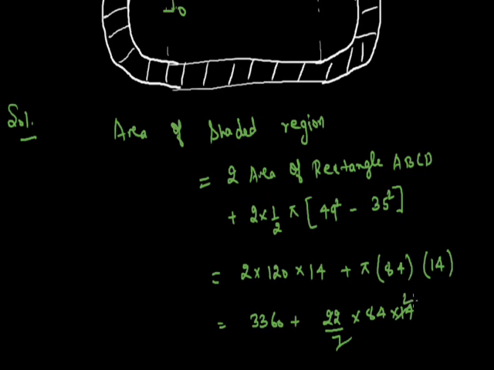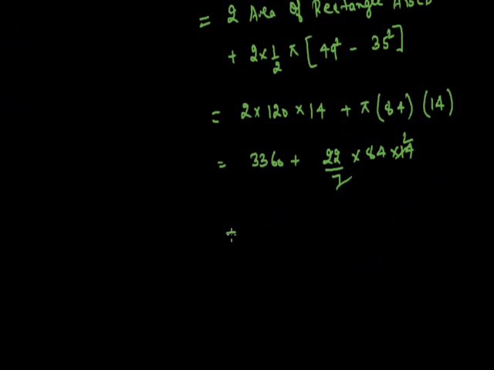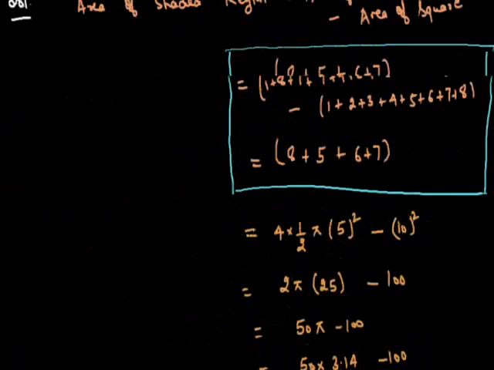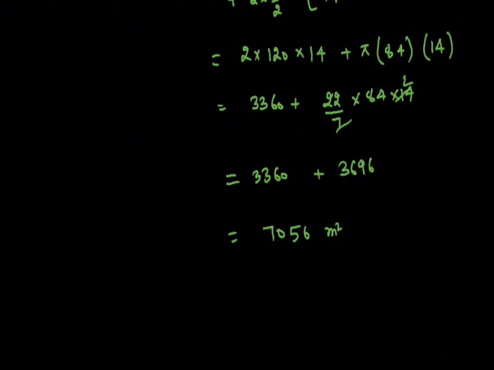So we can solve it by 22 multiplied by 84 multiplied by 2. So this will give us 3696. So this is equal to 3360 plus 3696 is equal to 7056 meter square. So the area of this shaded region is 7056 meter square.